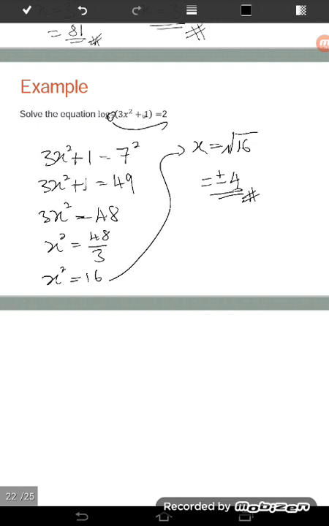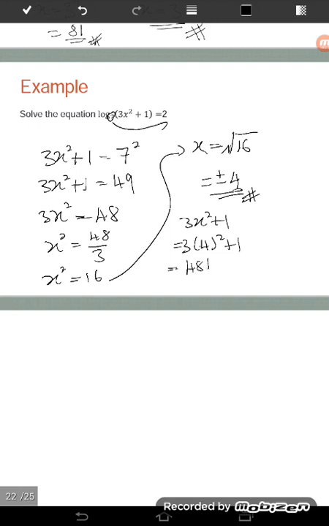Okay, so analyze from inside of log. So okay, so inside of log we have 3x squared plus 1. Okay, so if it is positive 4, okay, so 3 times with positive 4 power of 2 plus 1, so the answer is 4 power of 2, 16. 16 times by 3, 48.